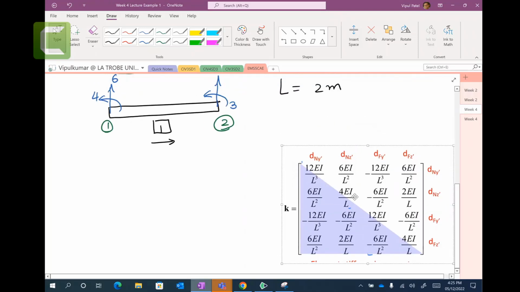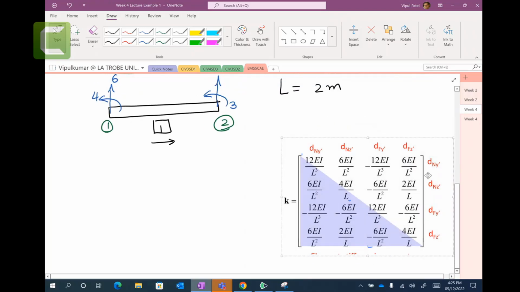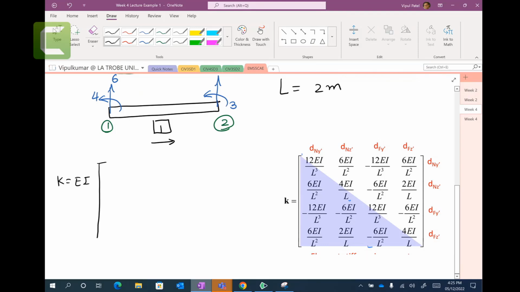Now in here, I can see this EI is the same everywhere, so I can take the common EI out.